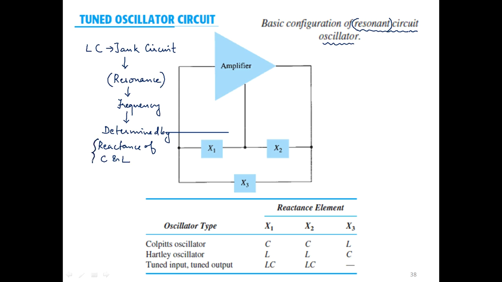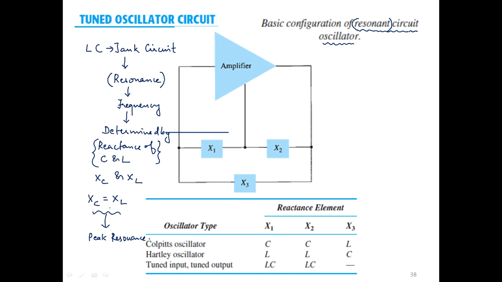Okay, so whenever we say reactance of the capacitor and the inductor, we usually denote them by the symbols XC and XL. And most of the time it so happens that when XC becomes equal to XL, we will be getting peak resonance. Okay, so usually that is what happens in the case of tank circuits.